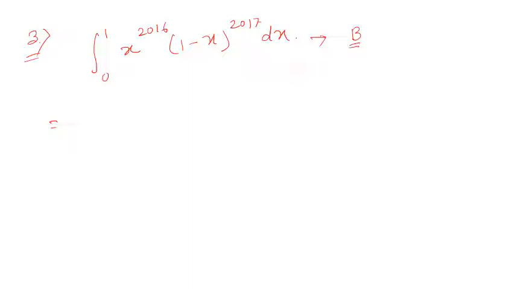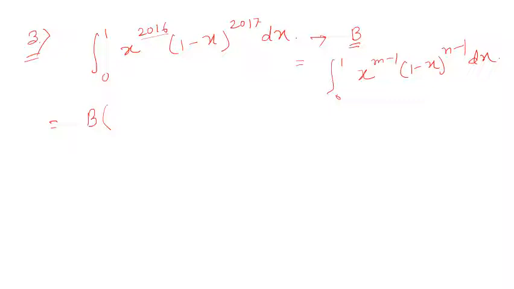So after comparison, compare this with the format 0 to 1, x to the power m minus 1, 1 minus x to the power n minus 1 dx, right? So this is our beta of m, n.